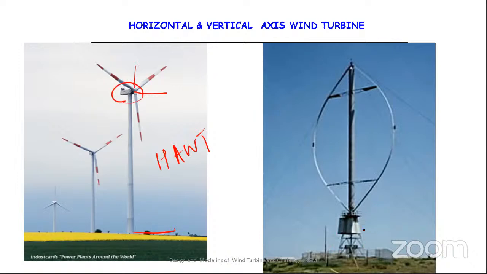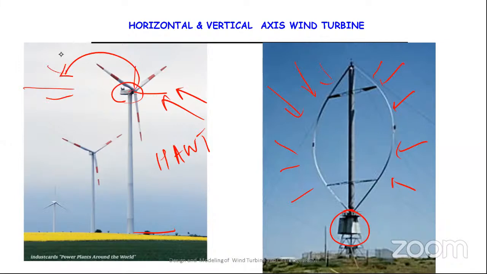Here all the drivetrain components are placed at the bottom of the tower, on the ground. This vertical axis wind turbine can take the wind from any direction, it doesn't matter. But in the horizontal one, when the wind direction changes, the entire rotor has to move towards the wind.